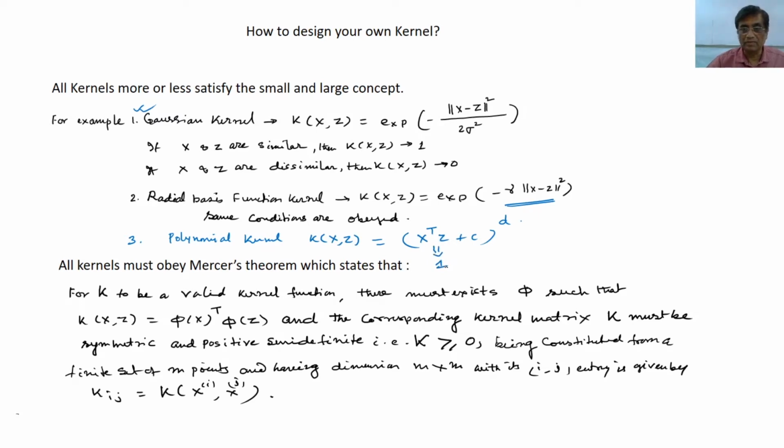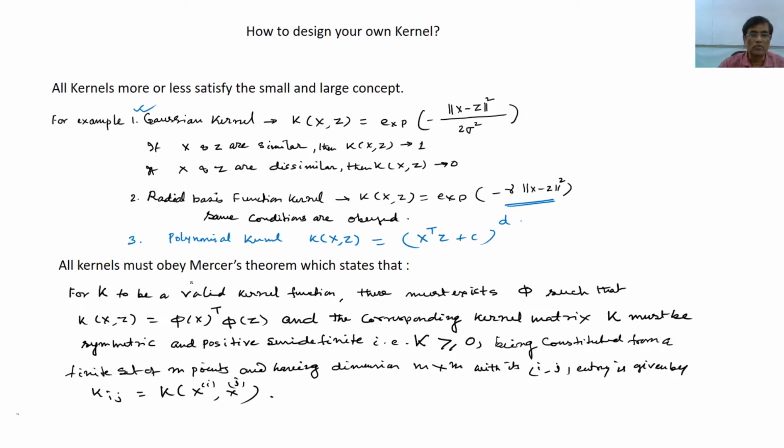Exactly 1 will not be there, but tending towards 1. And if they are dissimilar, this will tend towards 0. That means that the concept of small and large should be accommodated by a kernel function. So if you want to design your own kernel function, it should also obey this kind of intuitive properties.